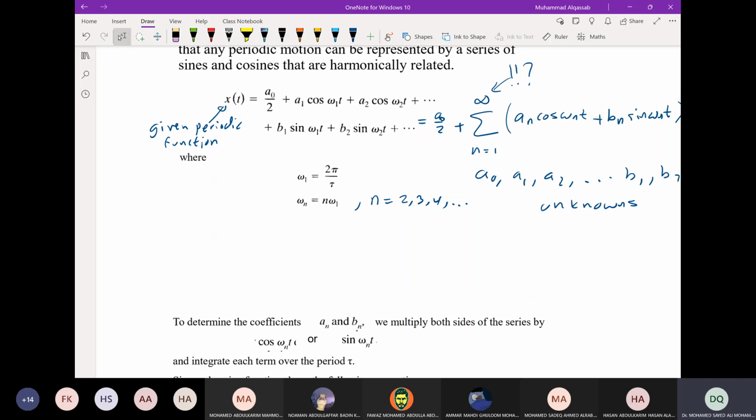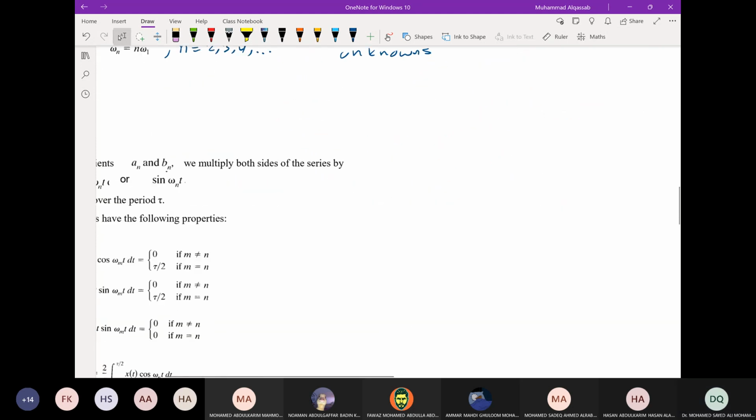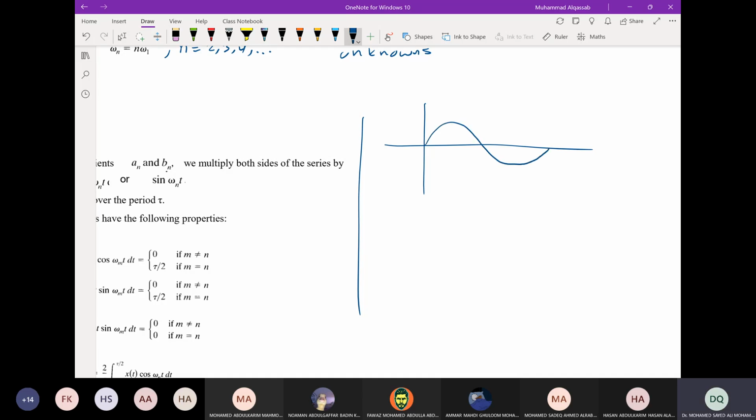Sine and cosine, when integrated over one period, cancel out. If you have a sine wave over one period from 0 to tau, this is a plus area, this is a negative area.